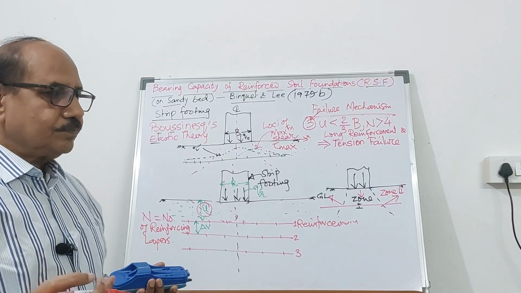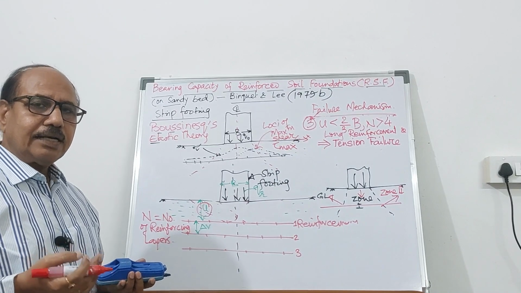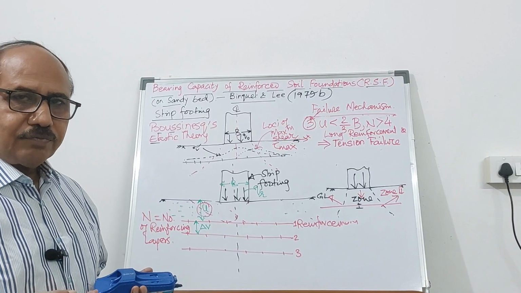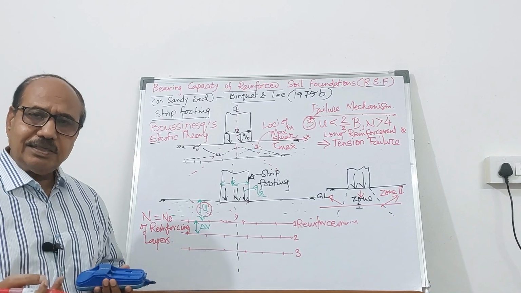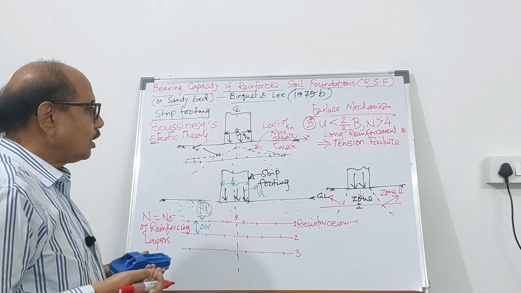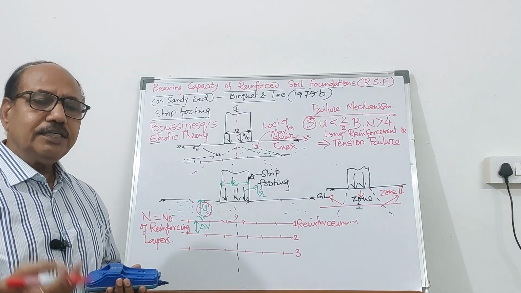as per the experimental work carried out on reinforced soil bed, reinforced soil foundation by Binkett and Lee. His research paper is valuable. That's the basic. And he used the strip footing, continuous footing.